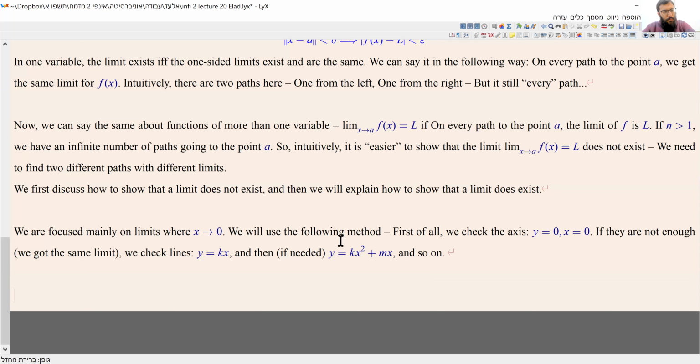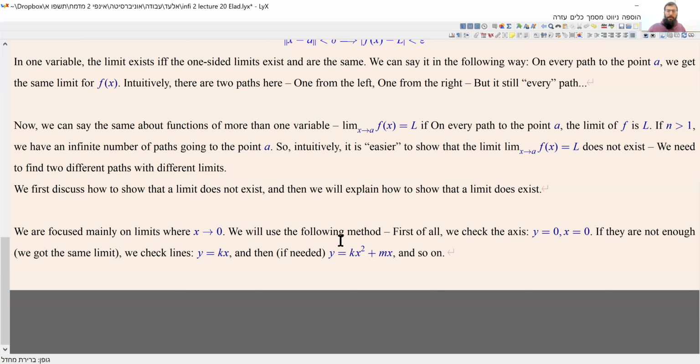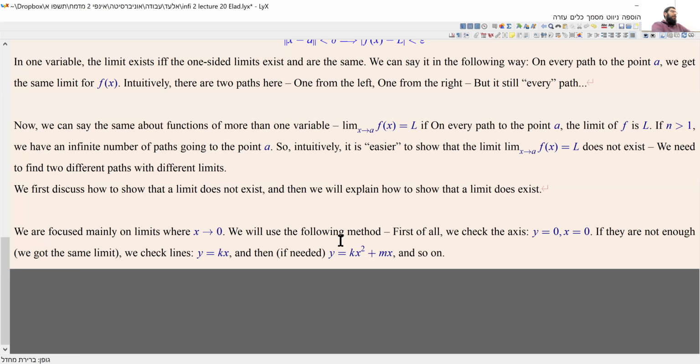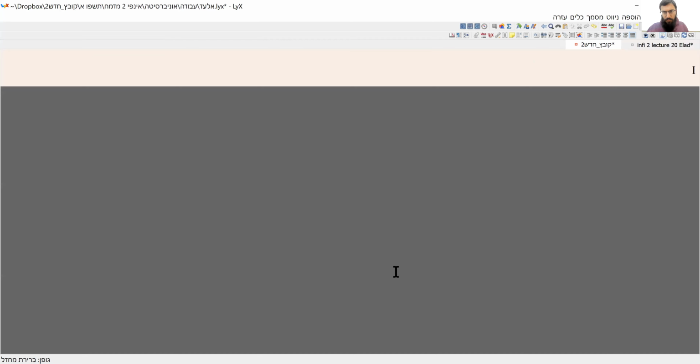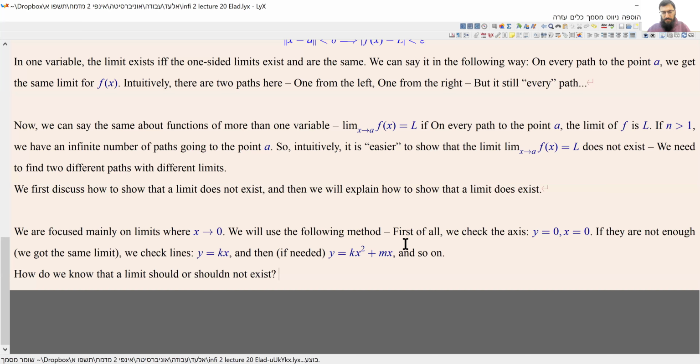How do we find that a limit doesn't exist? And from the beginning, how do we actually know, intuitively speaking, that the limit should or shouldn't exist?